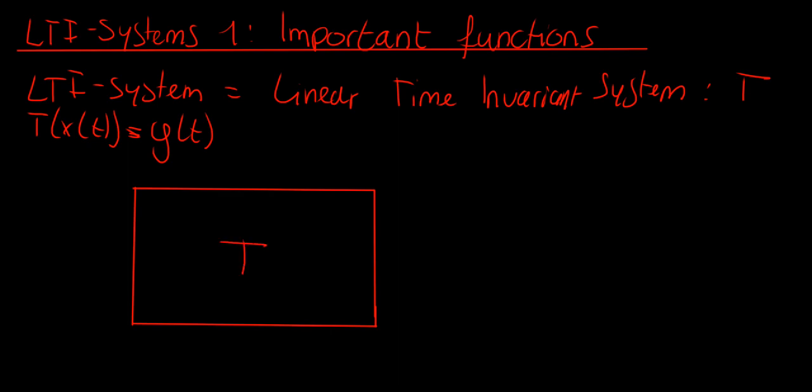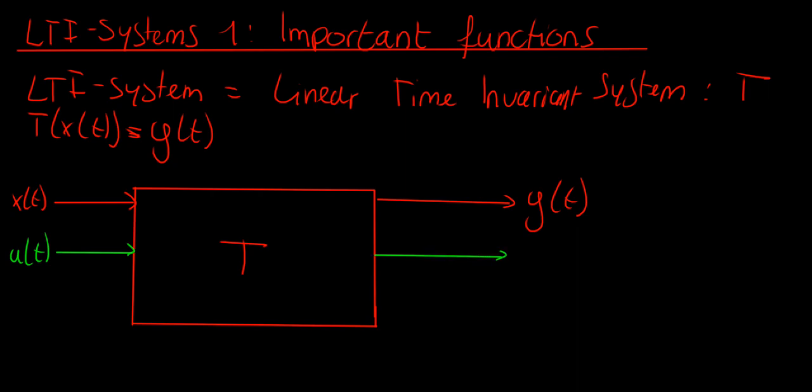So here we have our system T. Any function that we put in is called x(t), and what we will get out is called y(t). If the function that we put in is our step function, denoted by u(t), what we get out of it is called the step response, or s(t).